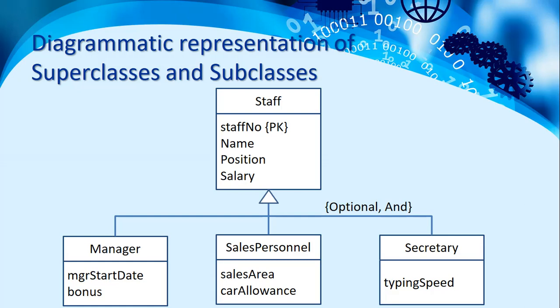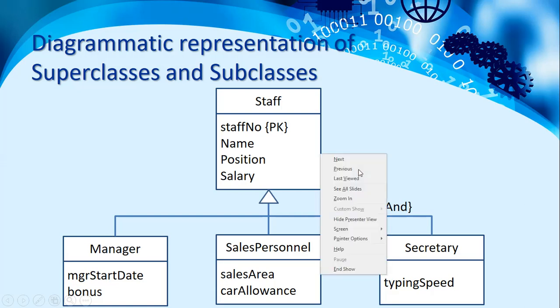Attributes that are specific to a given subclass are listed in the lower section of the rectangle representing the subclass. So for example, the sales area and car allowance attributes.